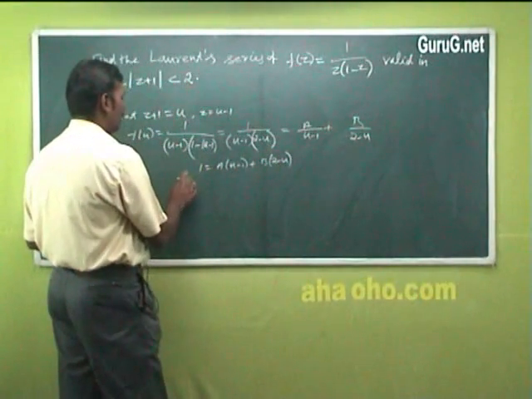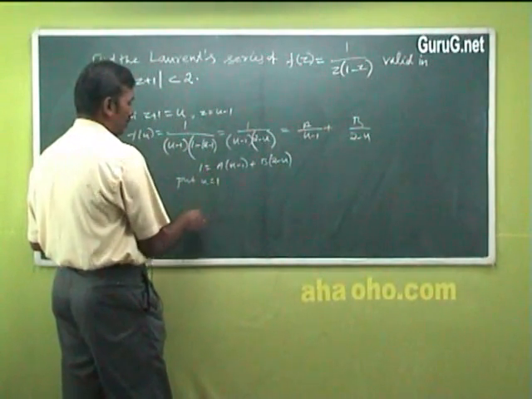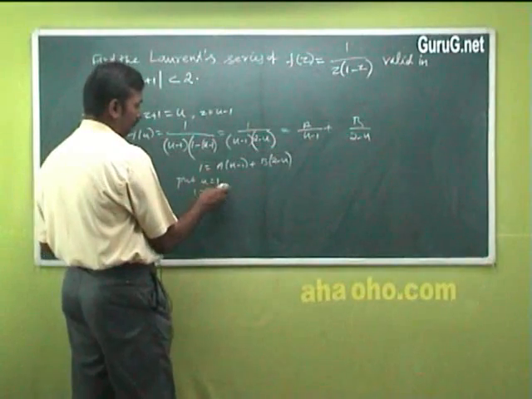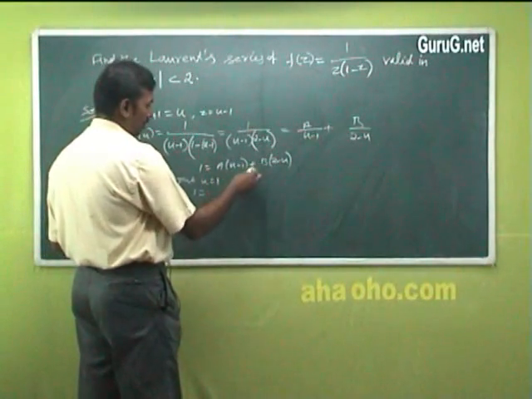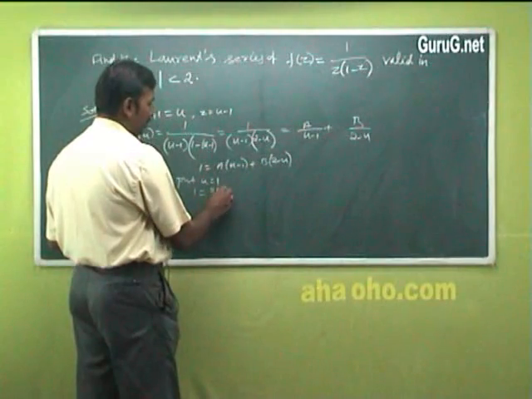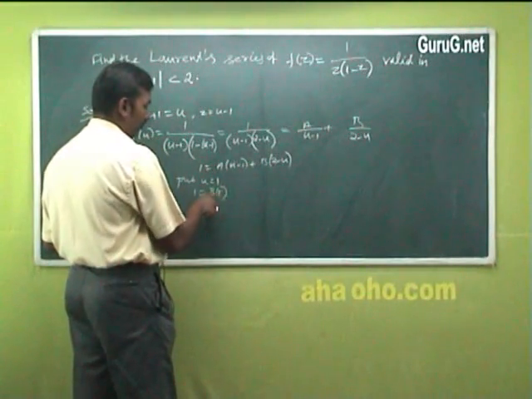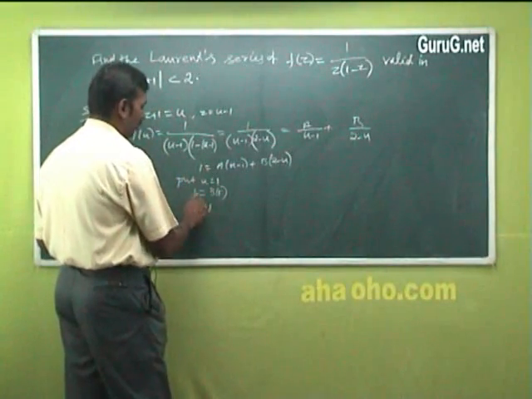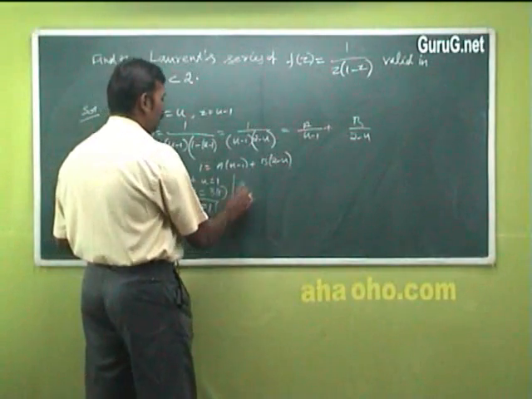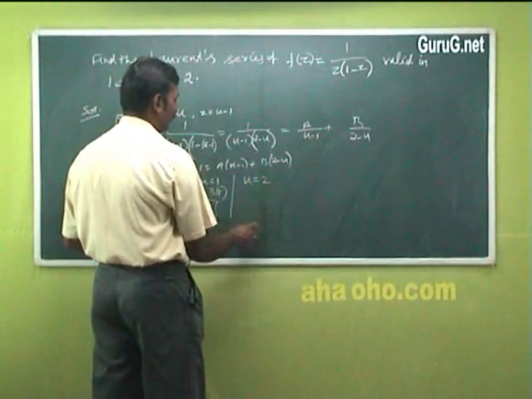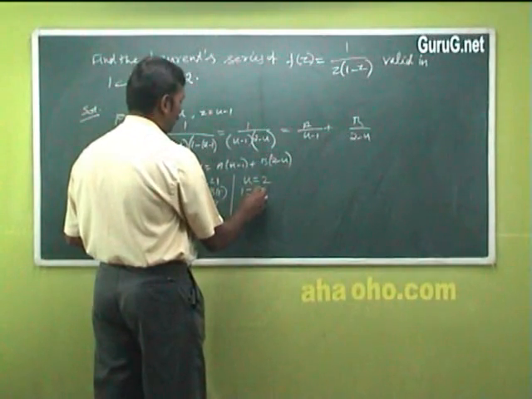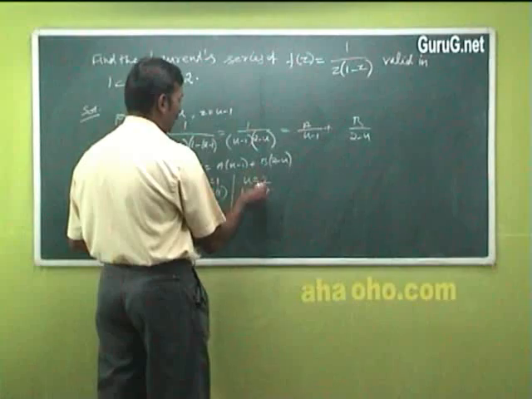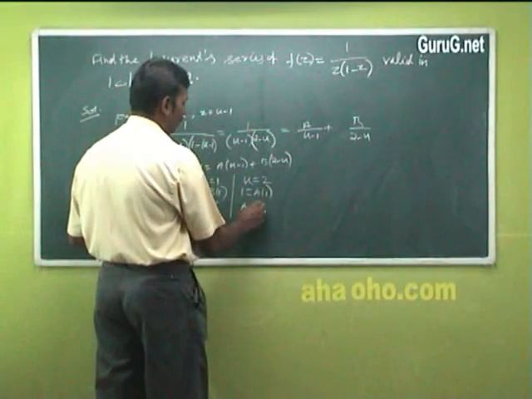So put u equal to 1, you may get 1 equal to, this is 0, you may get b into 2 minus 1 is 1, so b equal to 1. And u equal to 2, you may get 1 equal to a into 2 minus 1 is 1, so a equal to 1.